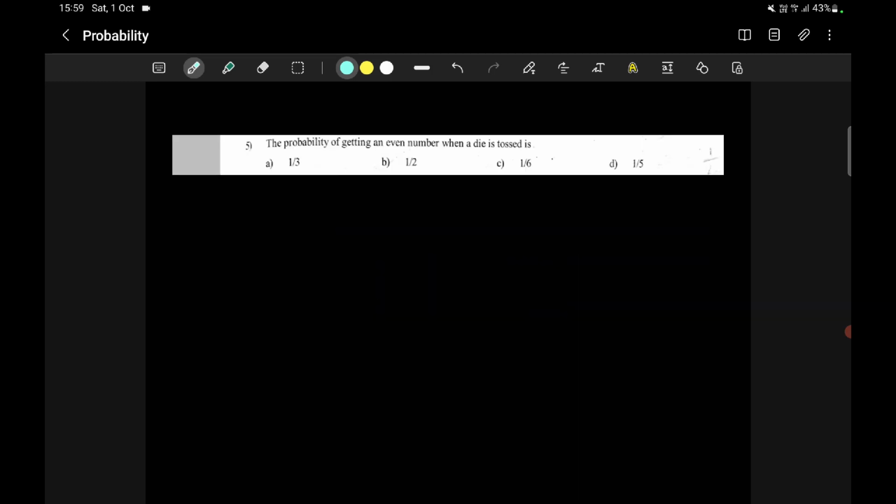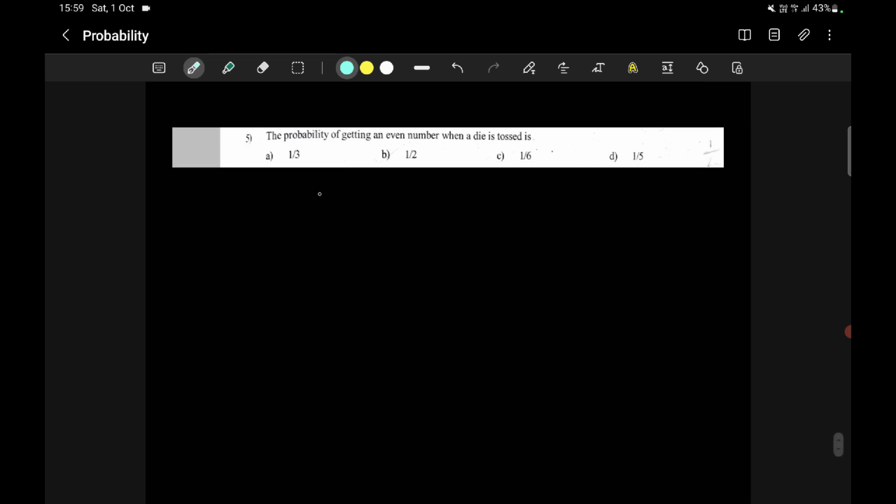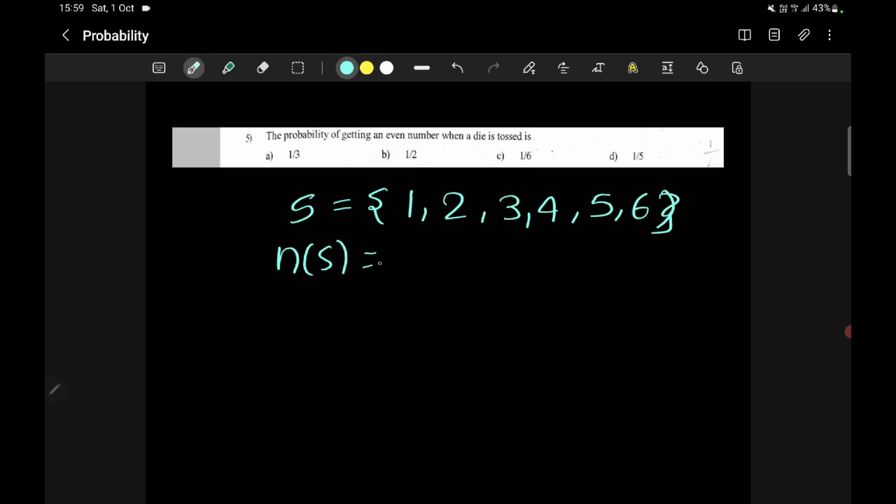Now we'll solve this. The probability of getting an even number when a die is tossed. If you toss a die, you will get the sample space as 1, 2, 3, 4, 5 and 6. Therefore, the number of sample space will be 6.